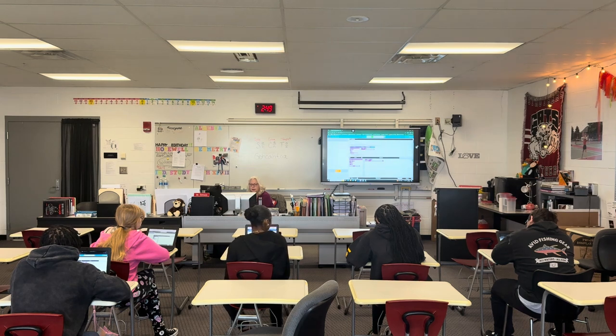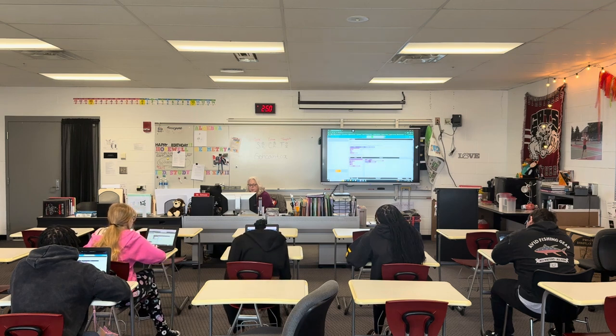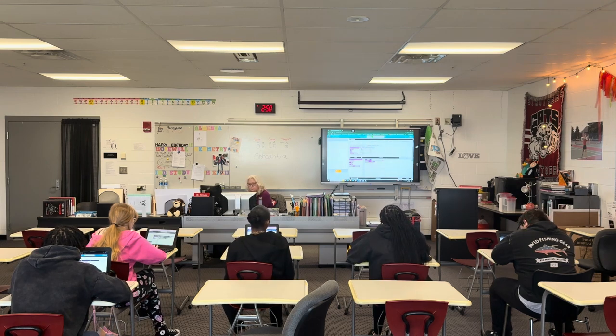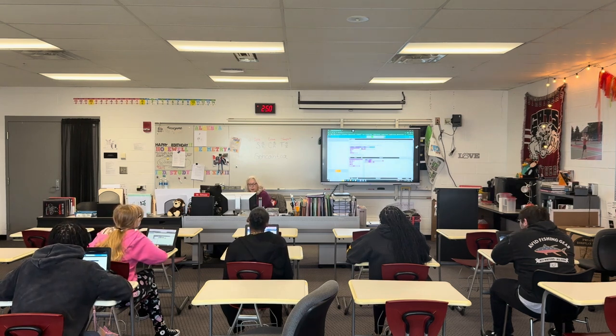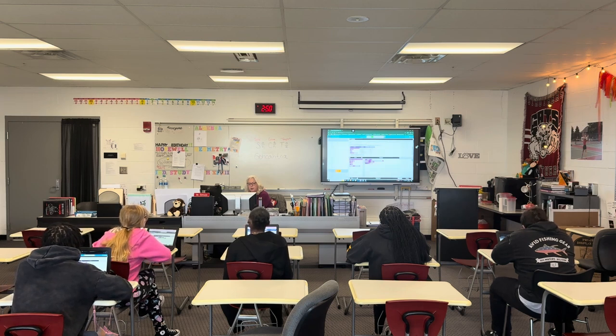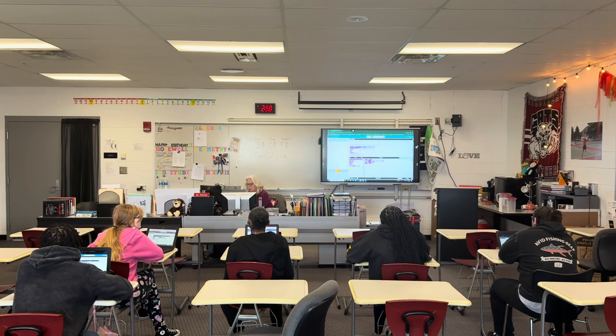So you don't like the text mode, right? Okay. And then I'm going to bring over my variable for lives. Until you get used to typing it in, you can go ahead and use the blocks.